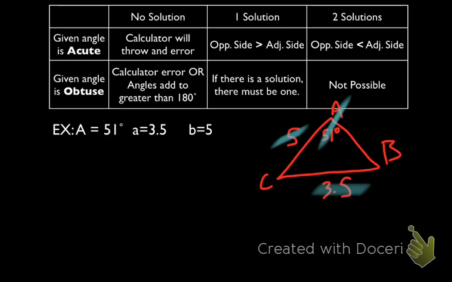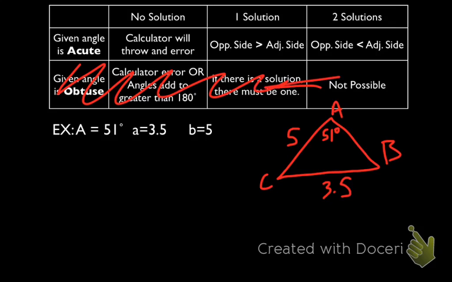Now I notice that my angle is acute. So I am looking in the acute row now. I do not care about the obtuse row at all.